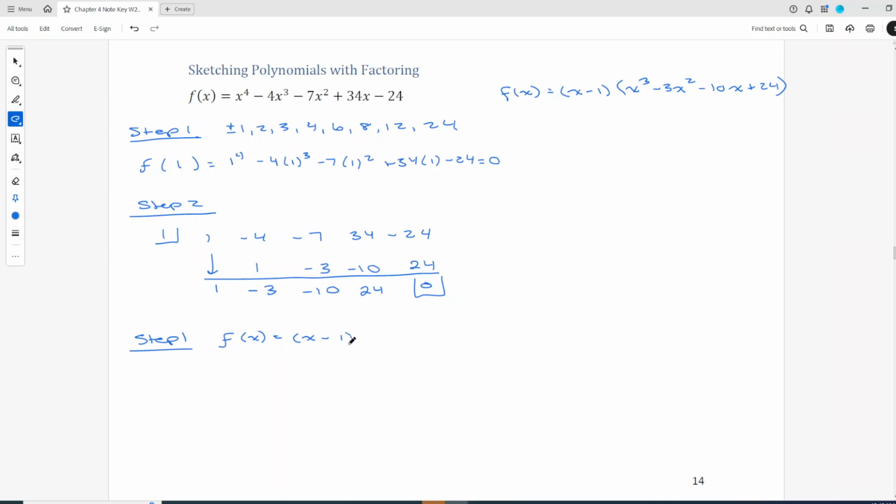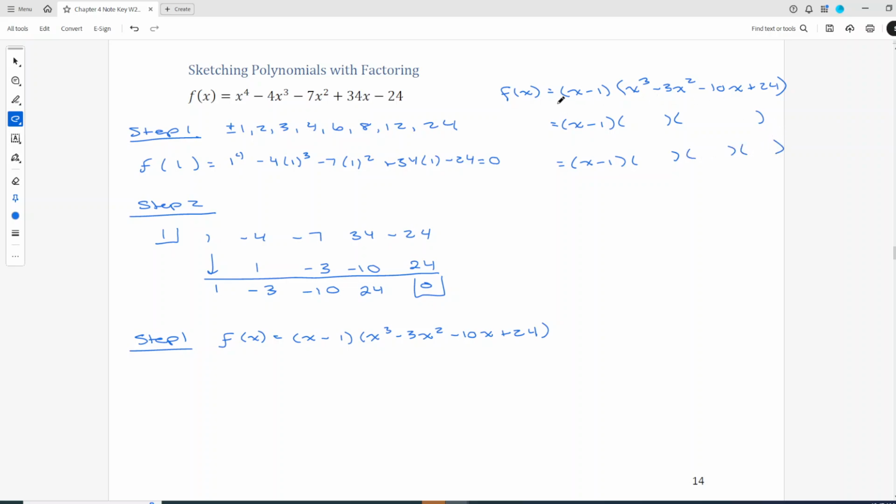So we've got x minus 1 times x cubed minus 3x squared minus 10x plus 24. And now we're trying to factor this cubic function. So the linear is just going to come along for the ride. From now on, we're going to have this linear function, and then we're going to get another linear function, but it's going to be times a quadratic. And then lastly, we'll have the linear functions all multiplying together.